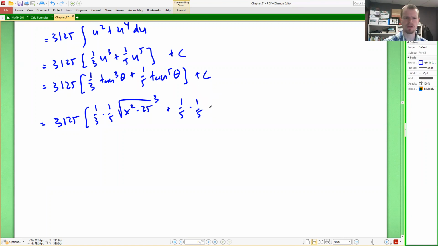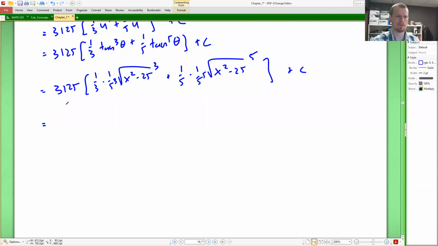Oh, and actually this should be cubed there as well. So this is 1/5 times the square root of x squared minus 25 to the 5th, and this is to the 5th as well, plus c, right? Because tangent is this thing over 5. It's being cubed here, so cube and cube. It's being raised to the 5th power here, so 5th power, 5th power.